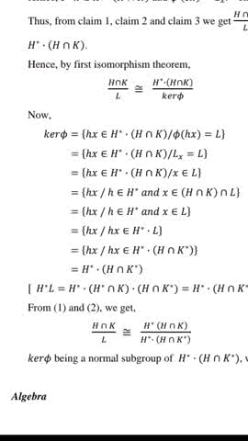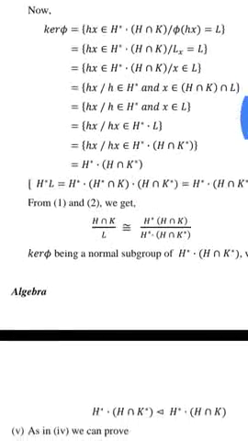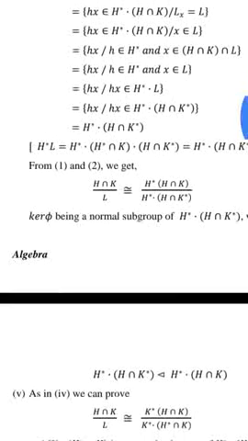Therefore hx such that hx belongs to H star into L is equal to H star into H intersection K star, and hence H intersection K divided by L is isomorphic to H star into H intersection K divided by H star into H intersection K star.